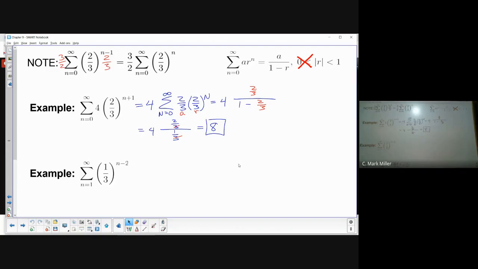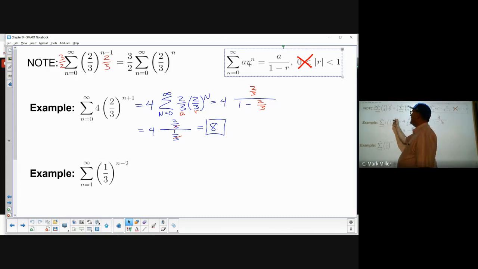Anyway, so the formula we're applying is this up here in the corner, right? And what we were playing with here is we were adjusting indices. Notice this only works when you start at 0 and you've got r to the n. Here we start at 0, but we don't have r to the n.